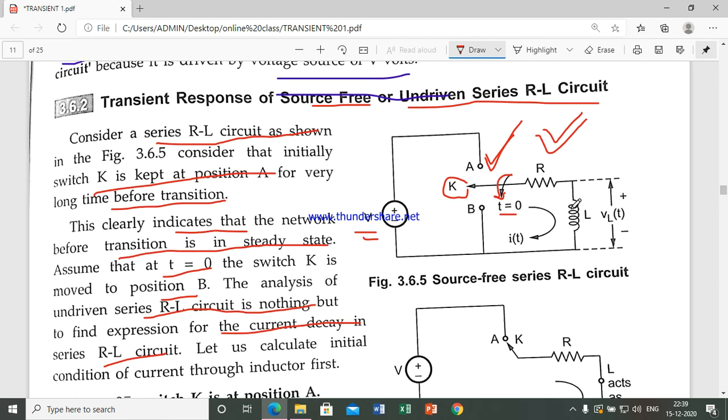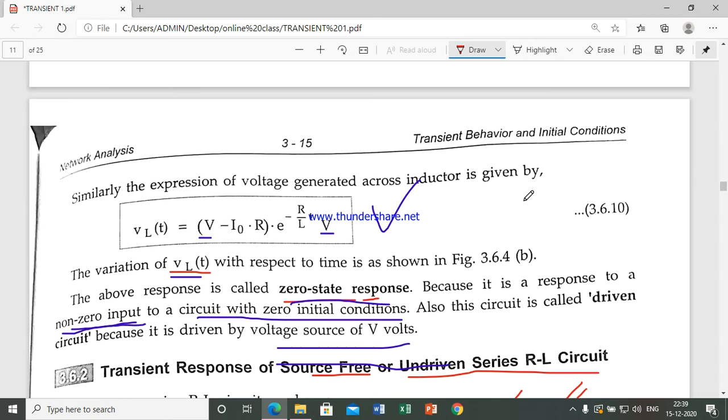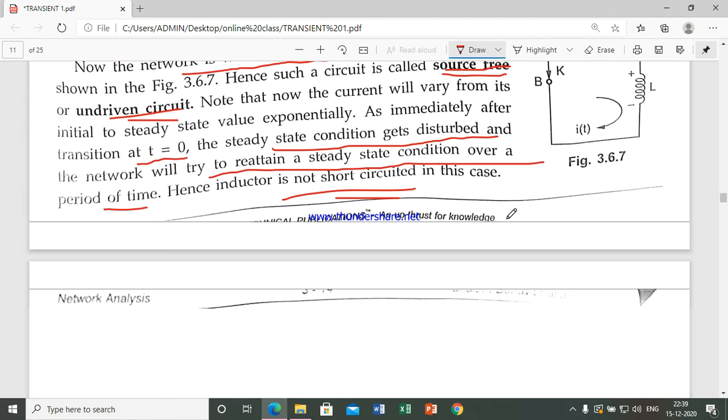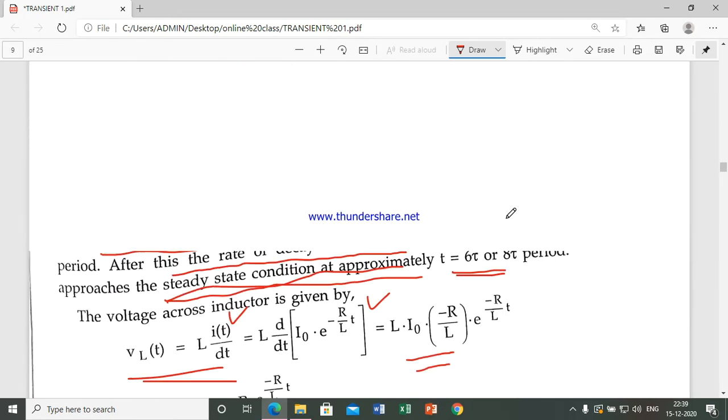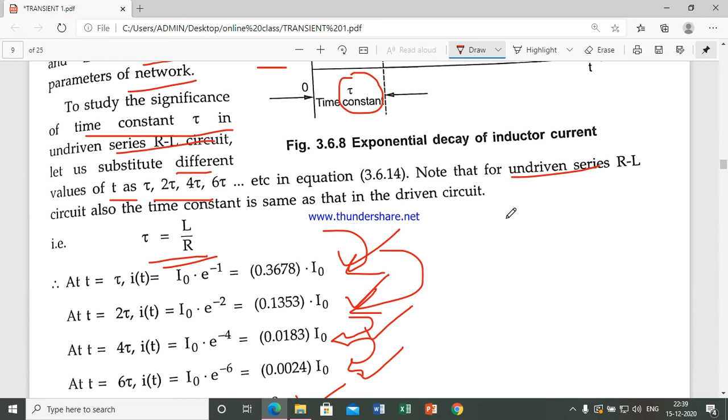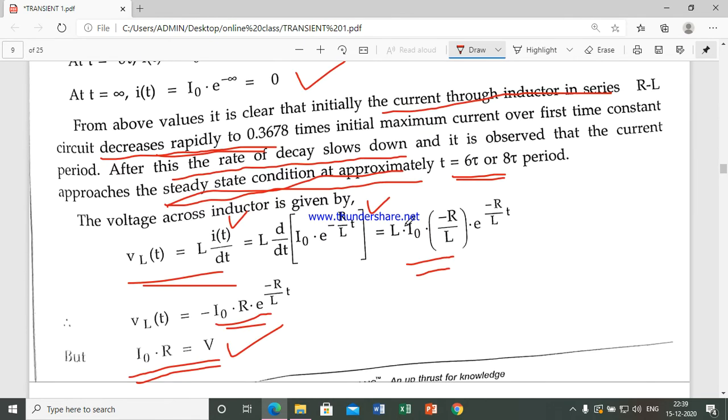In that condition, whatever energy the inductor has stored starts to dissipate. The energy in the inductor starts decreasing, and that decrease is shown with these expressions here. Next we will get all these expressions from these concepts of undriven and driven circuits. We'll solve some problems now.